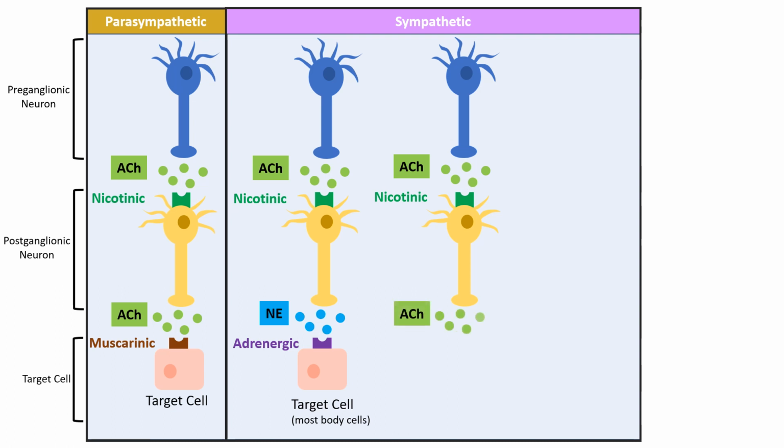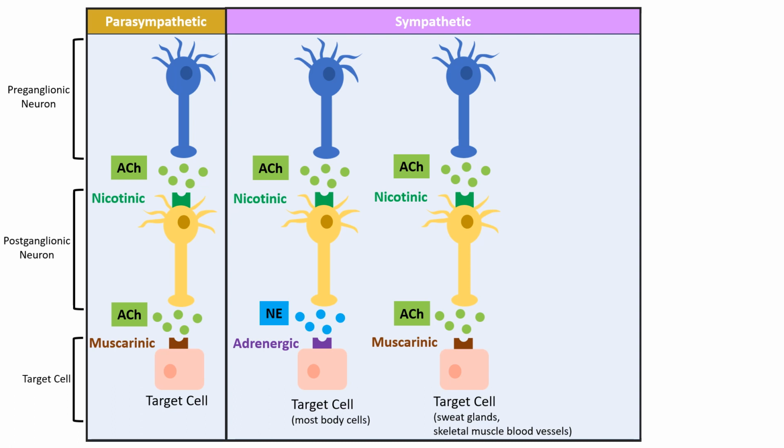Well, it's going to be releasing acetylcholine too. And the targets for this in the sympathetic division are going to be sweat glands and skeletal muscle blood vessels. These are the blood vessels that are going to allow the skeletal muscle to be filled with blood so that when we're in sympathetic state, we can run from the bear or we can stand and fight the bear. And the sort of receptors that we're going to see on these target cells is going to be a muscarinic receptor.